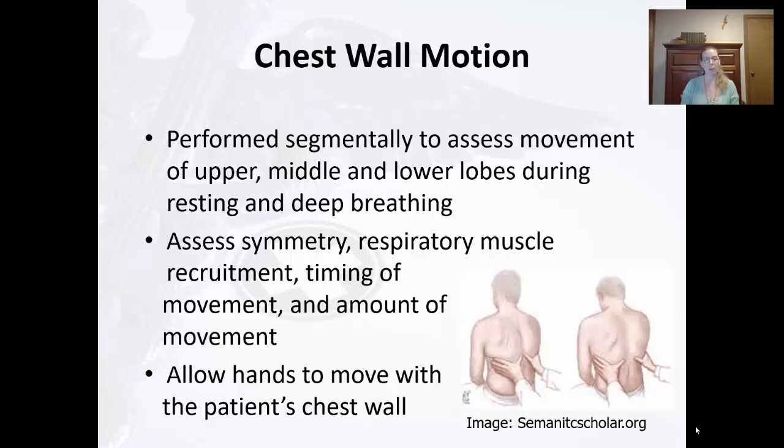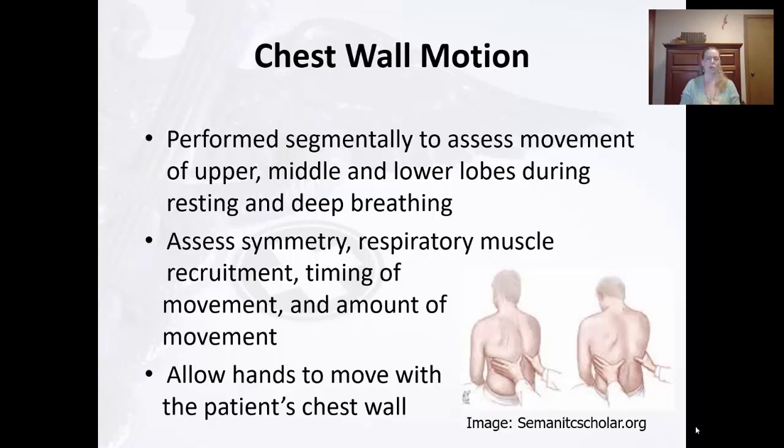To assess the upper lobes, you put your thumbs on the spinous process of C7, and then you rest your fingertips over the shoulders. In this position, you can easily palpate if the accessory respiratory muscles have been recruited, even in relaxed breathing and in deep breathing.